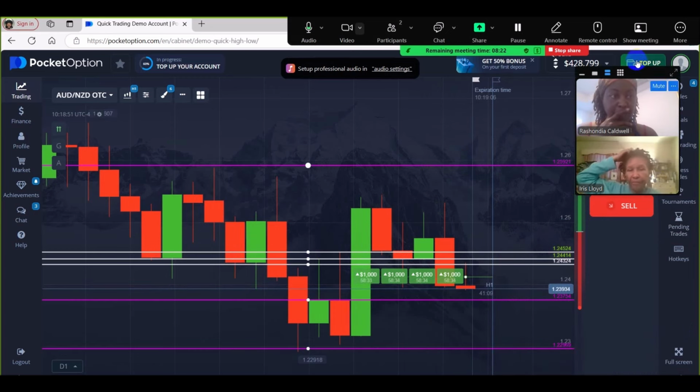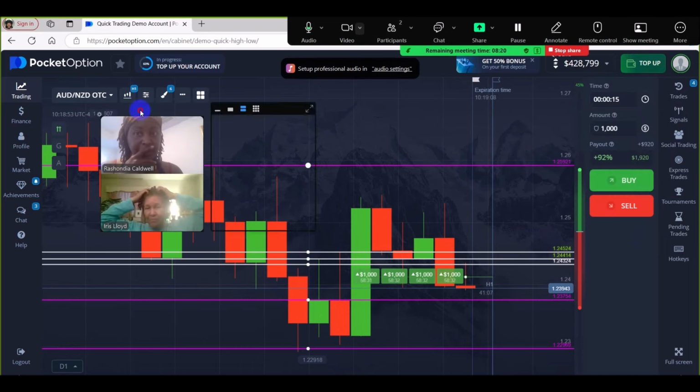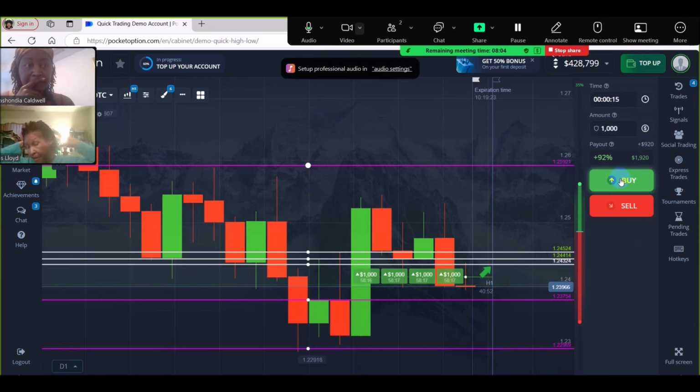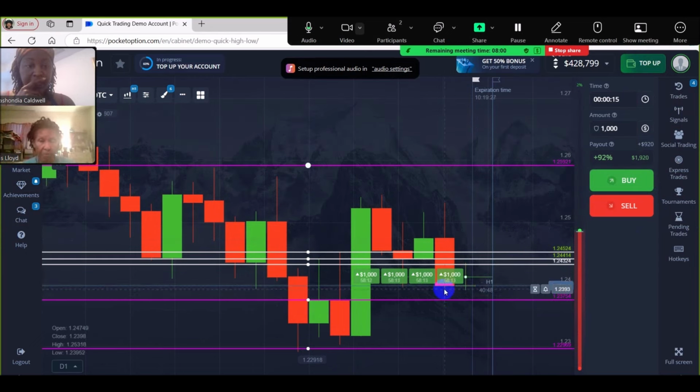If you come to the higher time frame, you go to the daily first, and then you do your markers, and then you go to a higher time frame, like the 1 hour or whatever. See, the previous candle wick came about right here. This one came about right here. Now you see it's going back up.